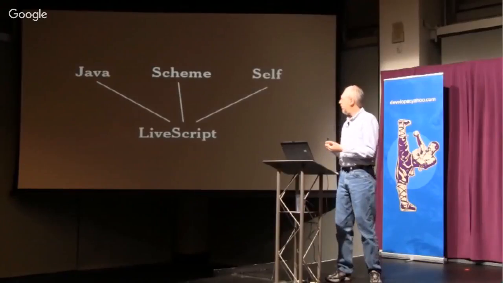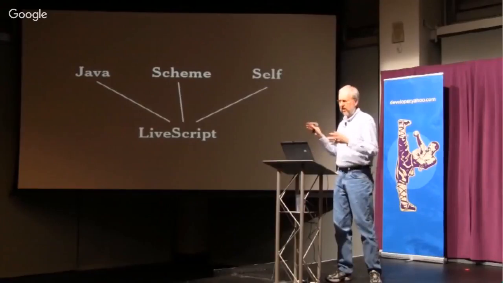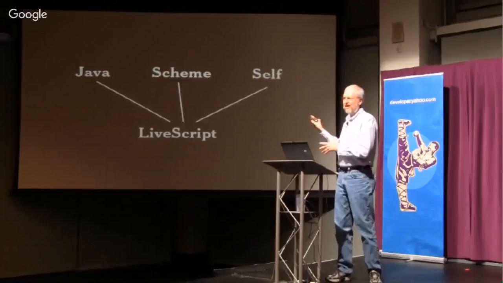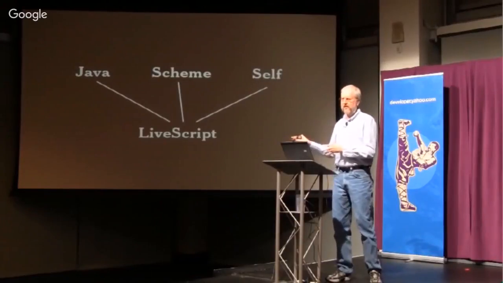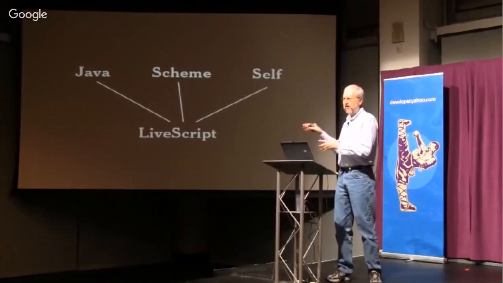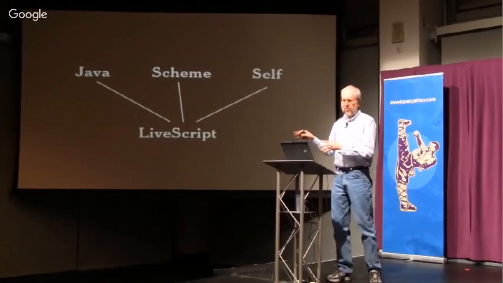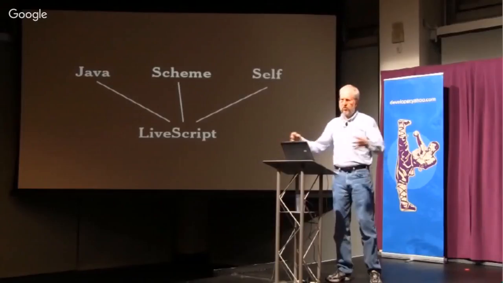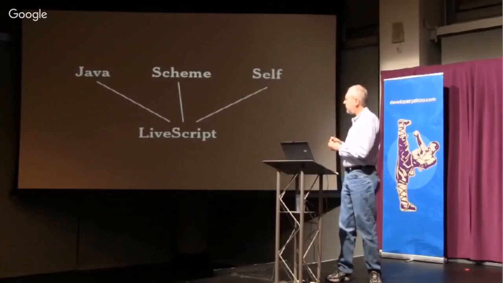Sun's position was, well, we'll put Java into the Netscape browser, we'll kill LiveScript, and that'll be that. And Netscape said no, they really believed in the HyperCard-like functionality. They wanted a simpler programming model in order to capture a much larger group of programmers.